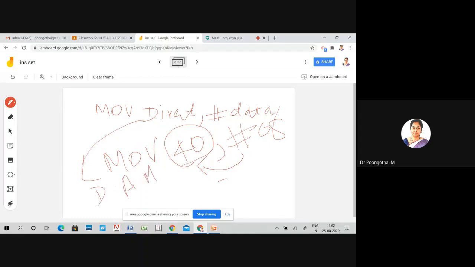Here 3 bytes and 2 machine cycles are required. That is, load the internal RAM whose address is given in the instruction with the 8-bit data given in the instruction. That is the meaning of this particular instruction. Please note it down.